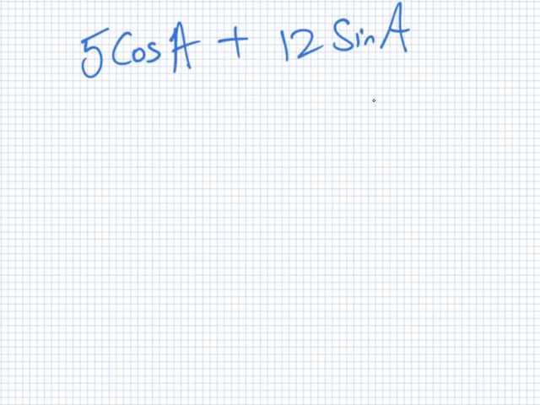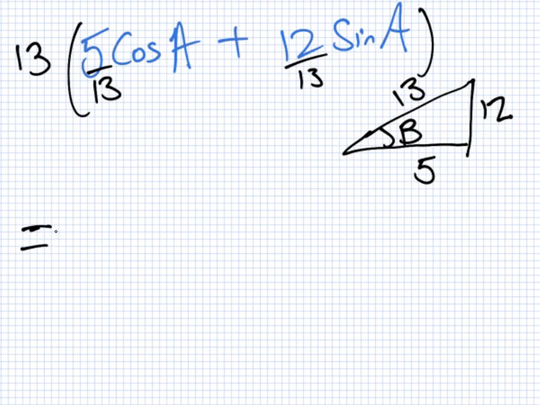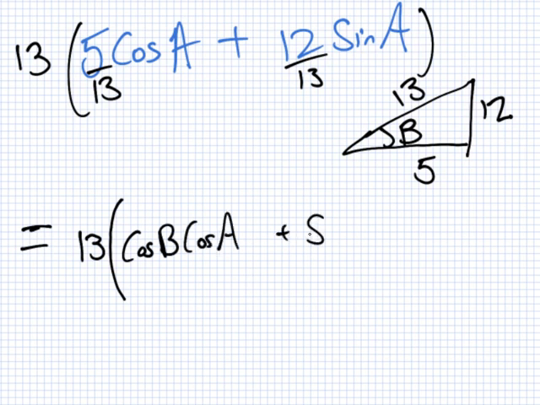I'm going to draw a triangle. I'm going to call this angle B. This is 5, this is 13, and this is 12. So if I take out the 13, this is equal to 13 (cos B cos A plus sin B sin A).